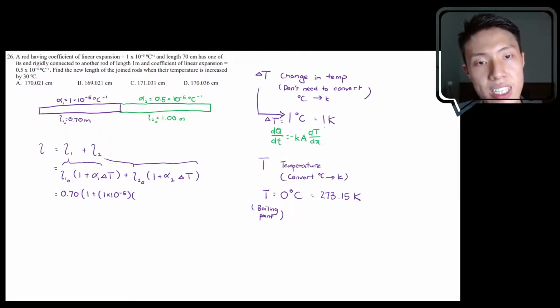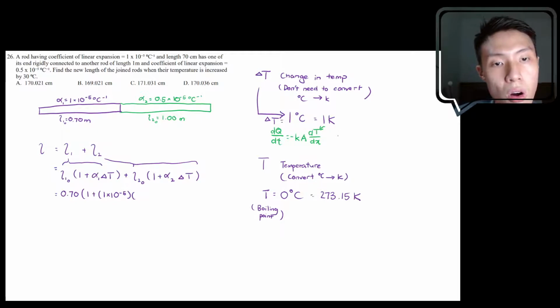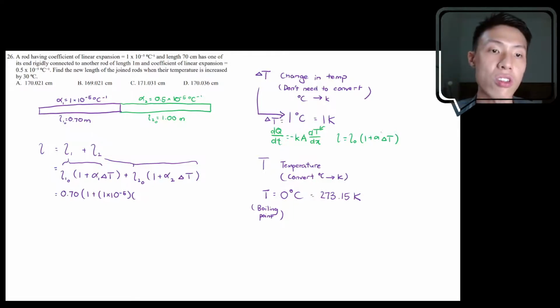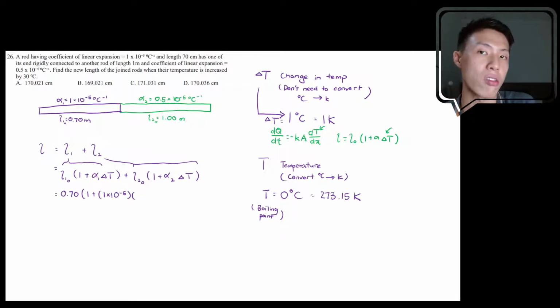In this case, this is a change of temperature, so there is no need to convert between degrees Celsius and Kelvin. Or let's say length is equal to the original length times 1 plus alpha change of T. So in this case, you're only interested in the change of temperature. You're not interested in the actual temperature of the material itself. So you don't need to convert between degrees Celsius and Kelvin.